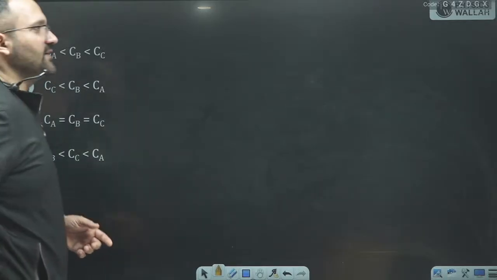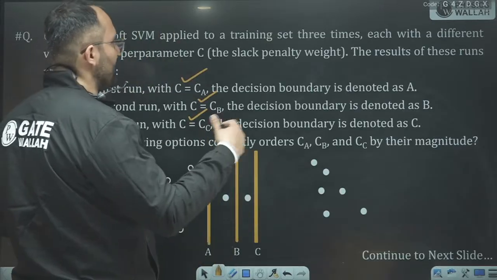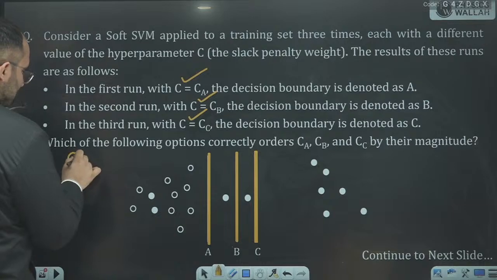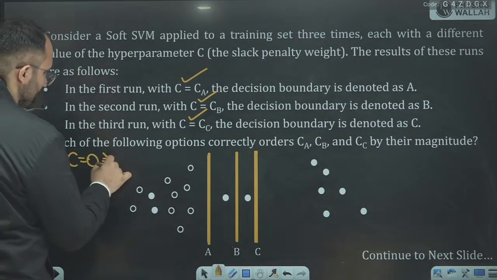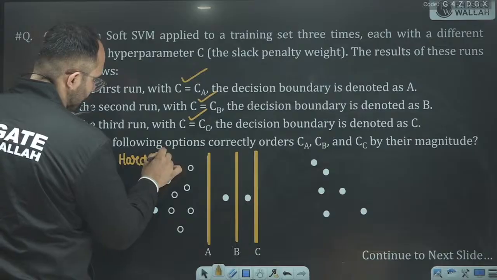Okay, so let's try to see, दोस्तों. We can see that if we increase the value of C, for example, if C is equal to 0, we get the same result as a hard margin SVM.